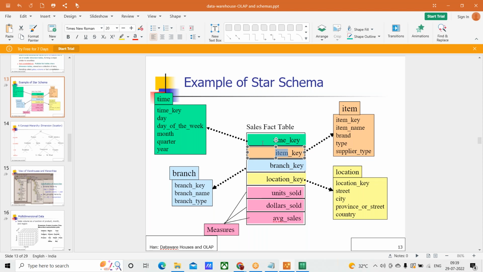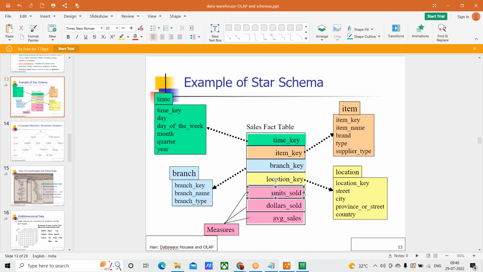For example, if you have a customer dimension, then the fact table will have customer ID also somewhere down. Otherwise, how do we join the fact table with the dimension table? So the fact table will have all the keys of the dimension tables. Only keys, and the others are measures.